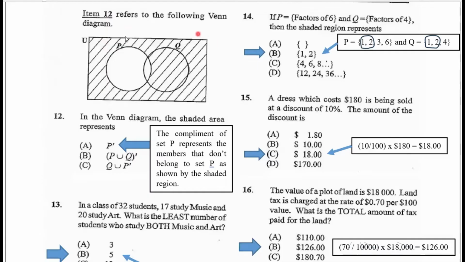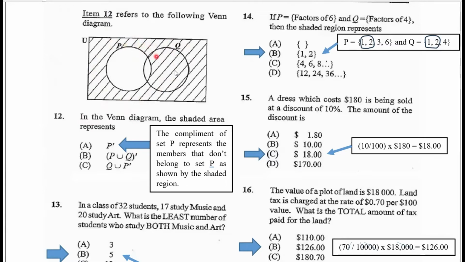Item 12 refers to the following Venn diagram. You all could see sets P and Q. And in the Venn diagram, the shaded area represents what? Well, you could see here, everywhere is shaded but P, right?